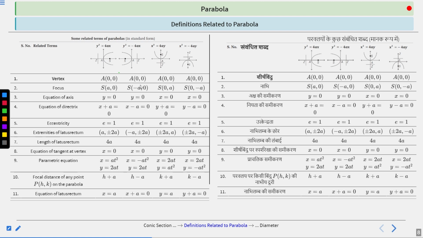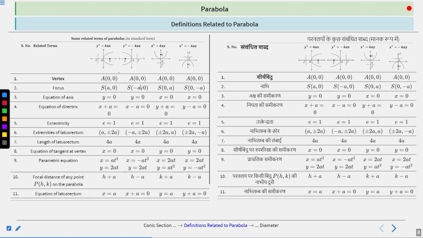It will have vertex (0, 0), focus S with coordinates (0, a), equation of axis x equal to 0, equation of directrix y plus a equal to 0, eccentricity e equal to 1, extremities of latus rectum plus minus 2a and a, length of latus rectum 4a, equation of tangent at vertex y equal to 0, parametric equation x equal to 2at, y equal to at square. Focal distance of any point P(h, k) on the parabola is k plus a. Equation of latus rectum is y is equal to a.